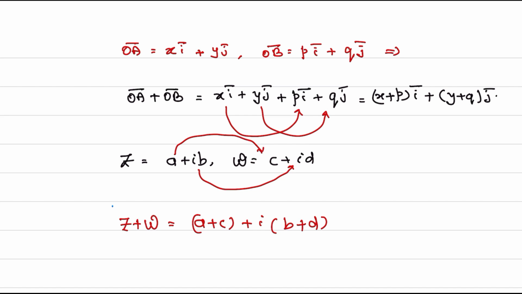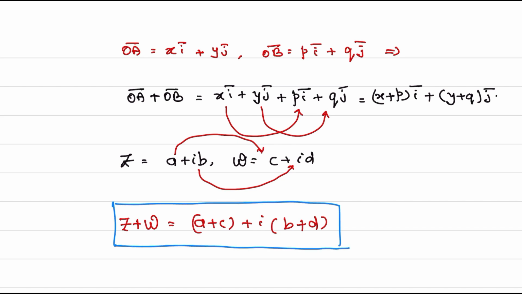Very, very important equation. It is not just a regular addition. If two complex numbers are added, the real part of the complex number is added together and the imaginary part of the complex number is added together. This is the imaginary part.